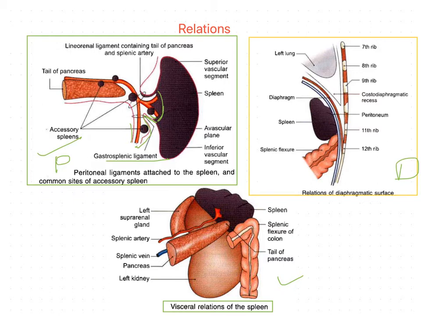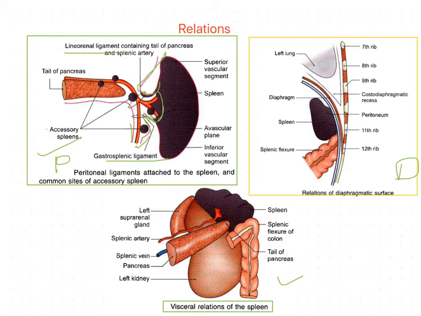Next one is the lienorenal ligament. This also extends from the hilum of the spleen to the anterior surface of the left kidney.